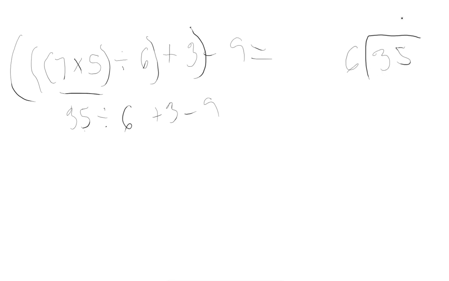and 6 times 5 is 30, which gives you a remainder of 5. Add a 0. Now your 6 is going to go into 50. How many times does 6 go into 50?